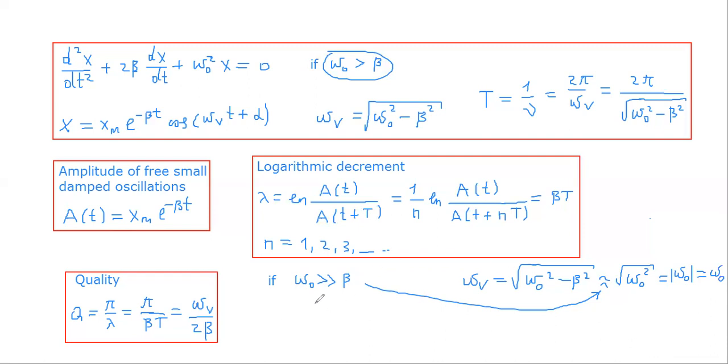And this means that in this case we can write that quality is equal to omega 0 divided by 2 beta.